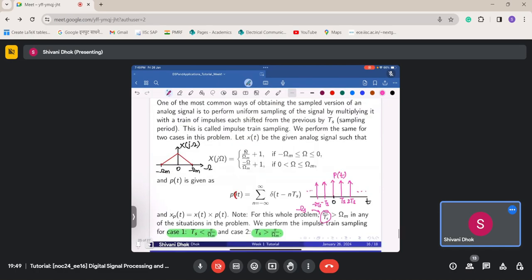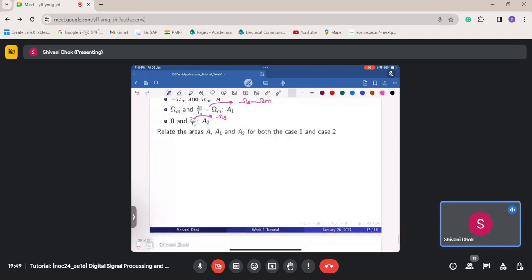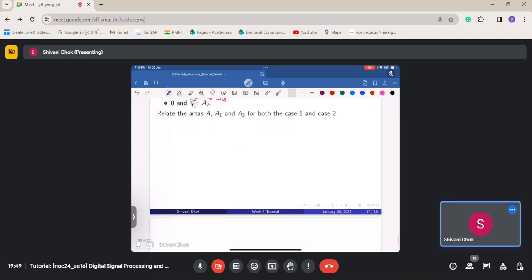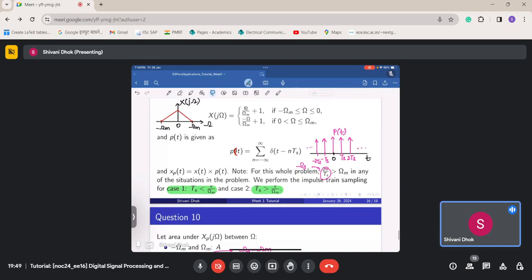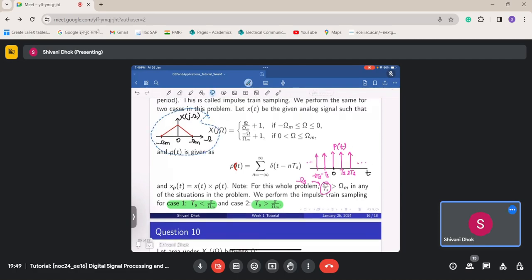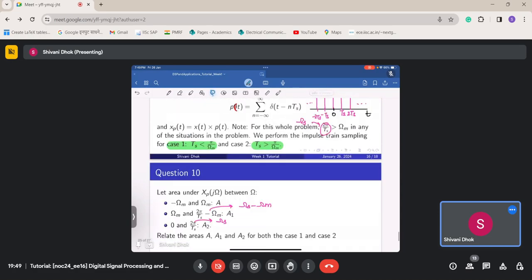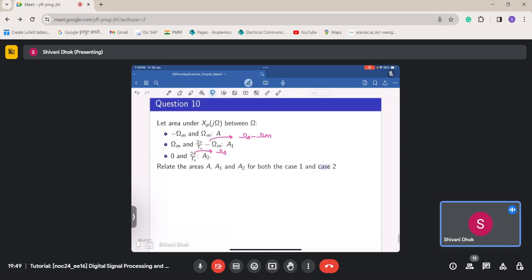Okay, so let us simplify this question. We have this signal with Fourier transform as this. This signal we need to sample. So let's start with case 1.